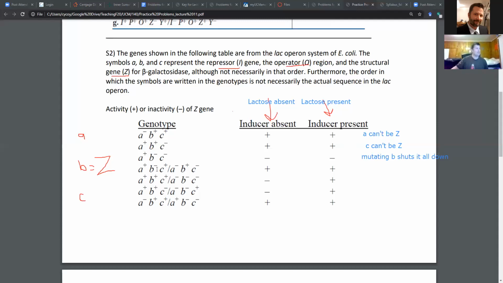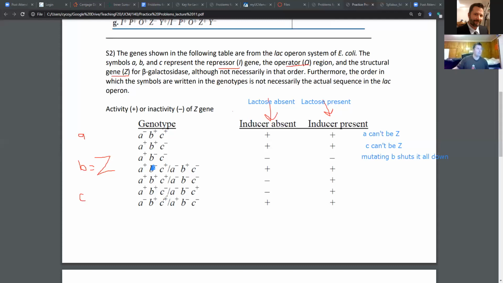So if we think B is Z, well, that means there's no product coming out of here. Okay, so we have no product here. We have a product here, and everything is on.